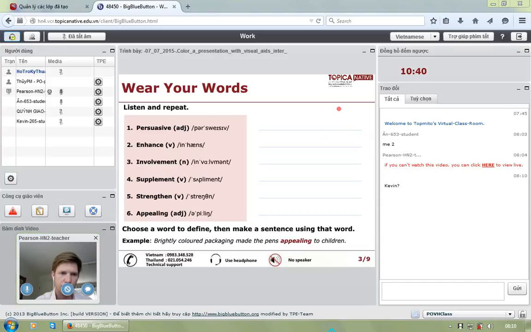Yeah, convince someone to believe. That's a very good definition. You can also use the word persuade in the definition. You can say persuade someone to believe. But I think that it's more knowledgeable that you used a different word, convince. So well done.